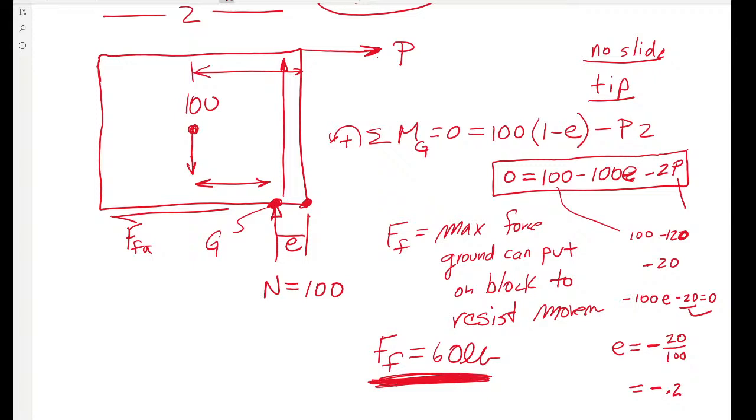Meaning that in order for this to be balanced, I'm going to move it, but I'm going to also move it back. This point G has to be relocated. Oh, shoot. Okay, try it again.